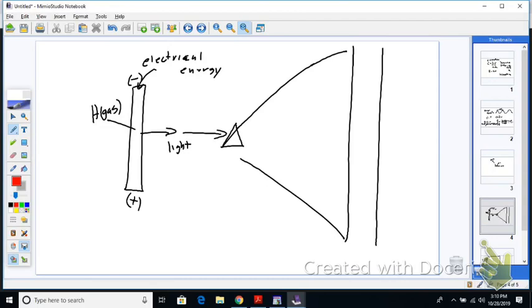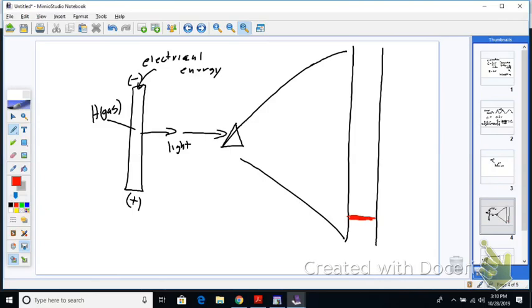Okay? And these are spectrum lines. Alright? So for hydrogen, you're going to get one that is kind of an orangish color. I'm going to use red. But right here is going to be red. Okay? That's going to be produced.